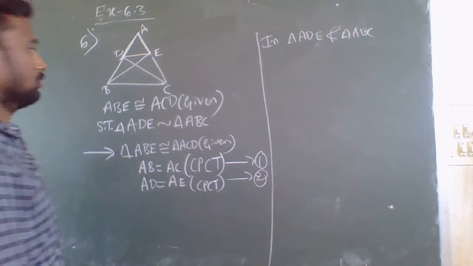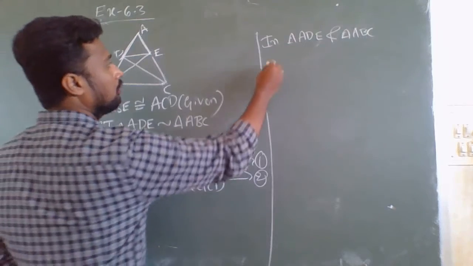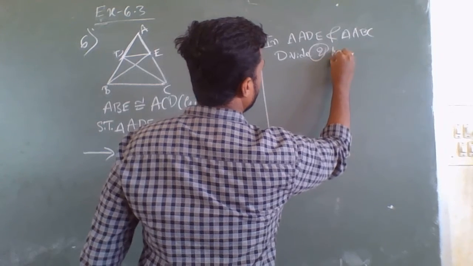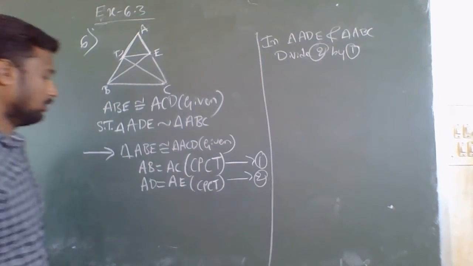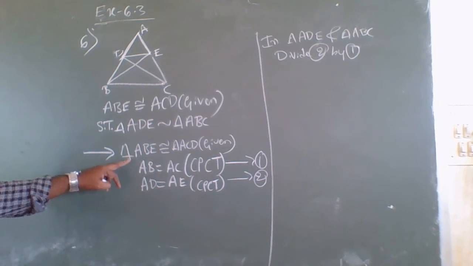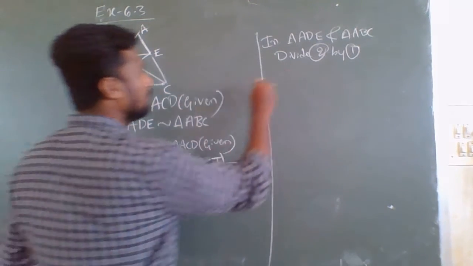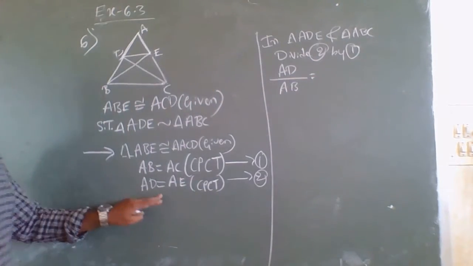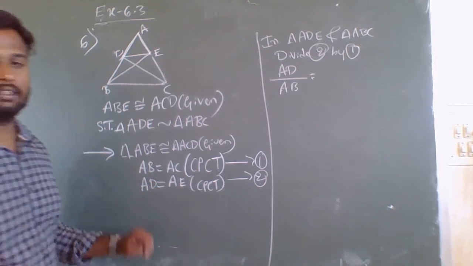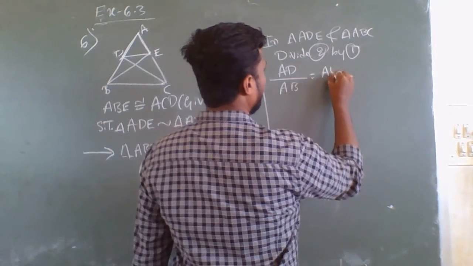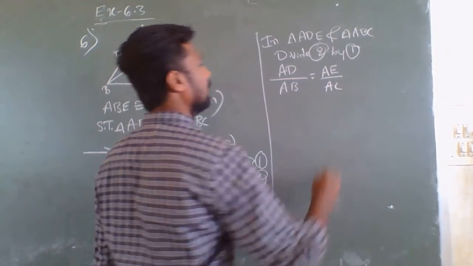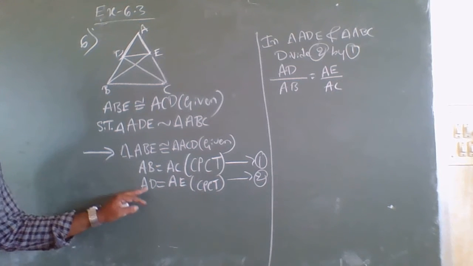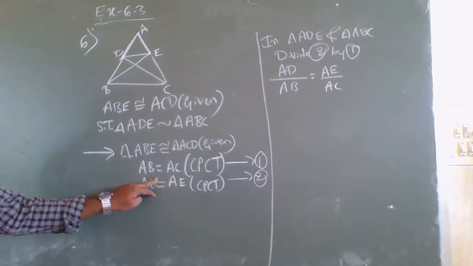Dividing 2 by 1, we have AD and AB. Therefore, AD by AB is equal to AE by AC. So AD by AB equals AE by AC, we got.